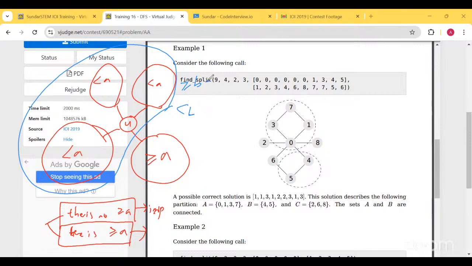If this is greater than or equal to p, then all right, we can create p here and a here. So now we want to find the solution for the case where this size is less than p. Is it possible that this is less than a as well?